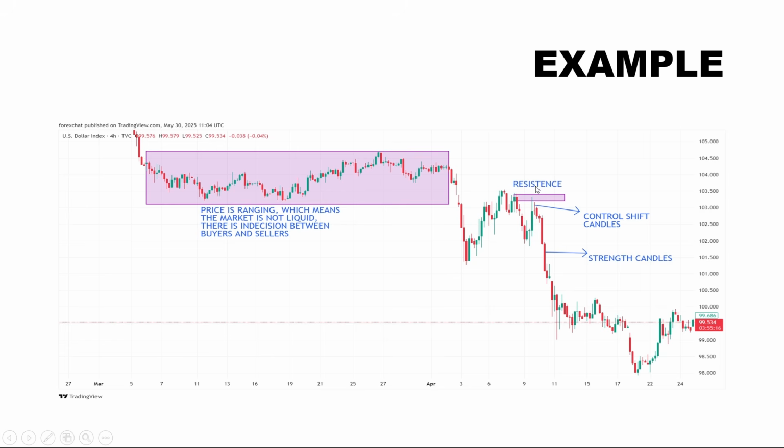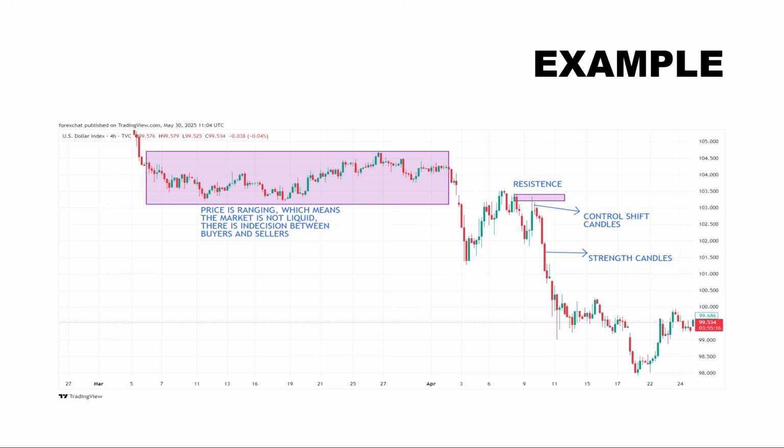And you can see that when it comes back here to this resistance, it creates these control shift candles right here. If you can see, we said they are usually more than one. So you can see that this candlestick, although the body is quite long, the tail is very long.